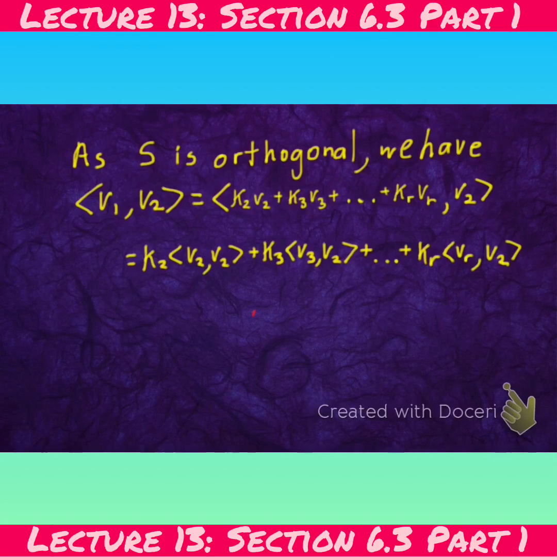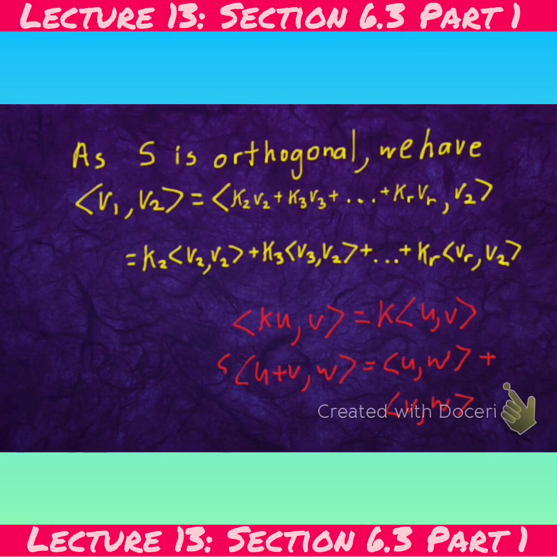Recall that the inner product of a scalar multiple of the vector u with v can be replaced with the scalar times the inner product of u with v. And also if you have a sum of two vectors and you take the inner product of u plus v with w, it's simply u with w plus v with w. This rule we just repeatedly apply.